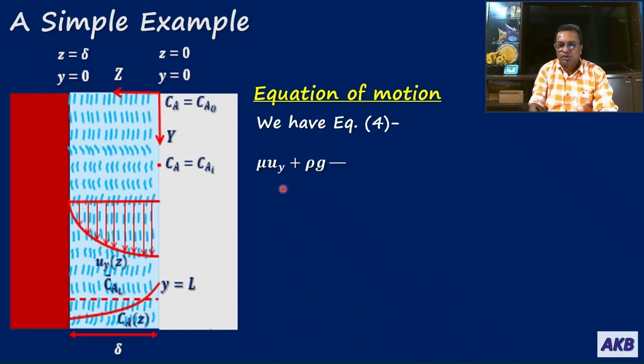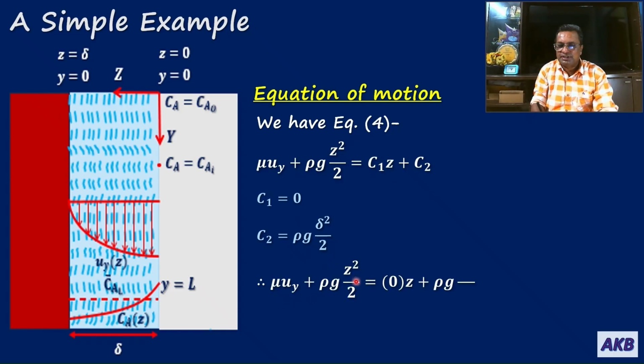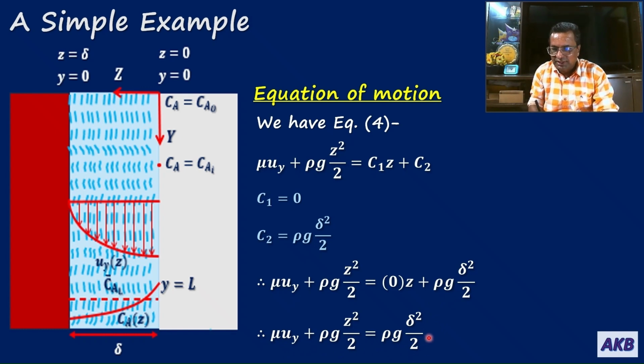So we have mu uy plus rho g z square by 2 is equal to C1z plus C2. C1 is 0, C2 is rho g delta square by 2. So it will be mu uy plus rho g z square by 2 is equal to 0 into z plus C2, which is rho g delta square by 2. So that is mu uy plus rho g z square by 2 is equal to rho g delta square by 2. We will continue with this in the next step.